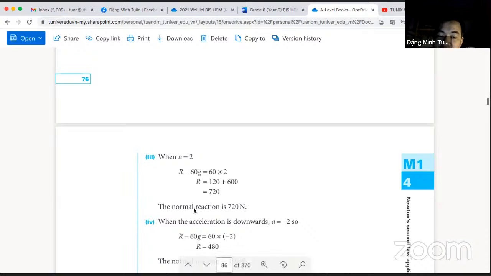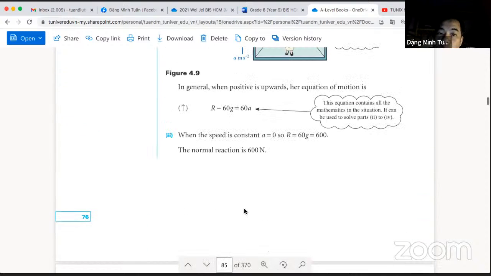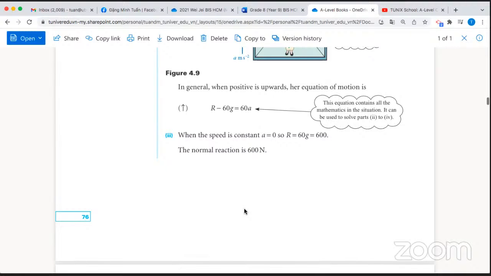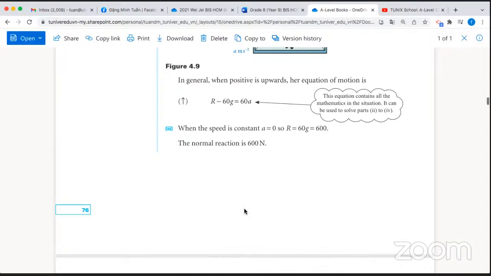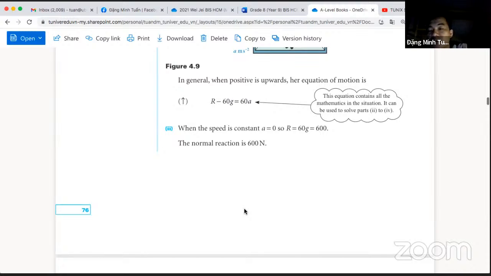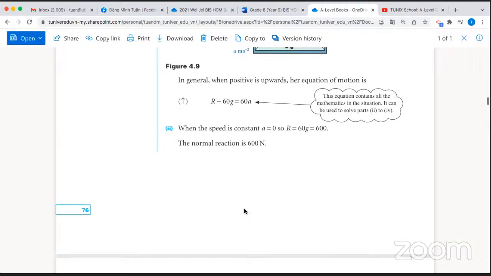You see that the normal reaction force is 720 Newton, greater than when a equals 0, and you can feel it heavier. When the lift goes up, increasing speed, you feel heavier, because you're pulled more to the ground.